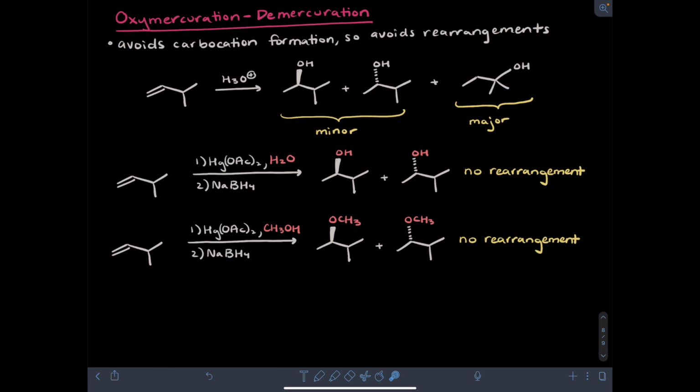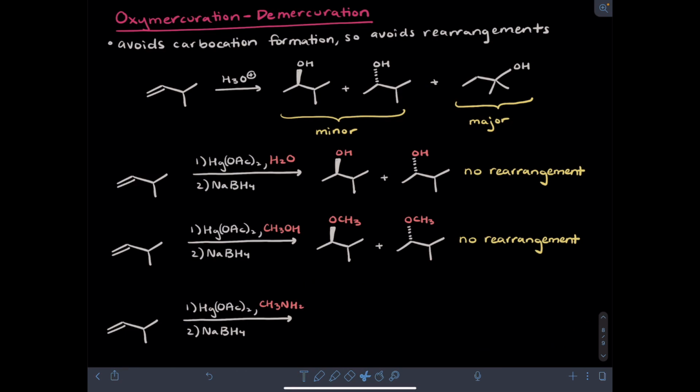In this case, it would appear as an OCH3 group in the product. Here as well, use of the oxymercuration-demercuration conditions avoids carbocation rearrangement. This choice of the nucleophilic solvent is very flexible.